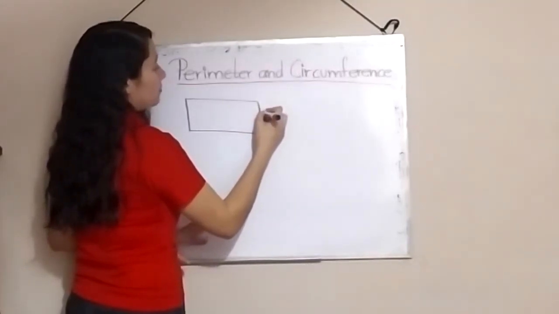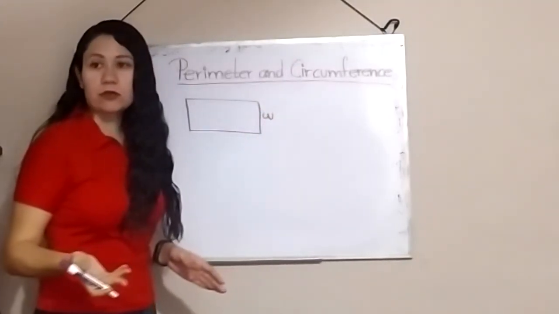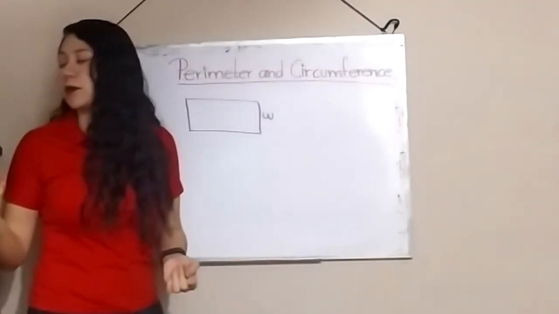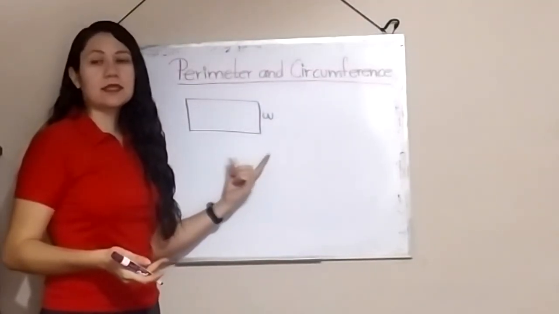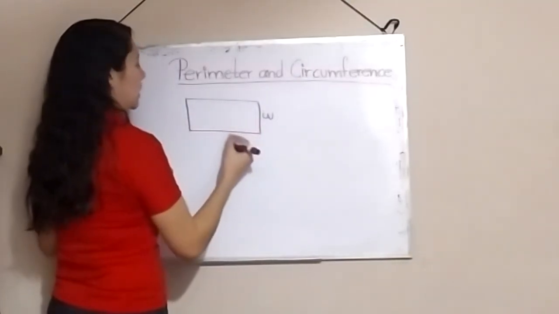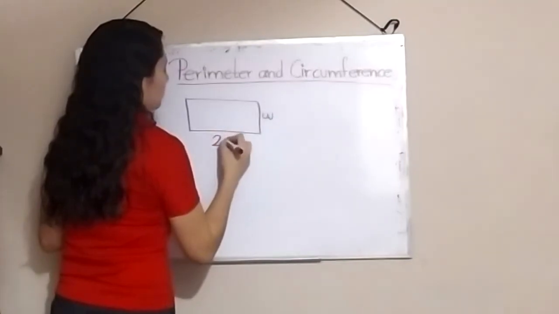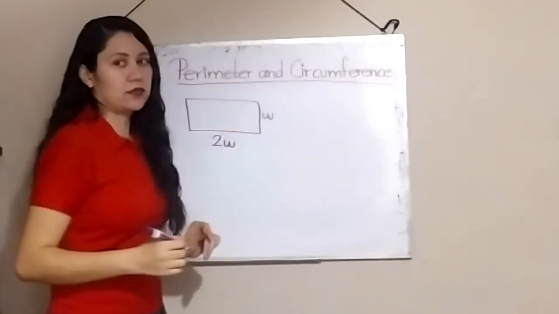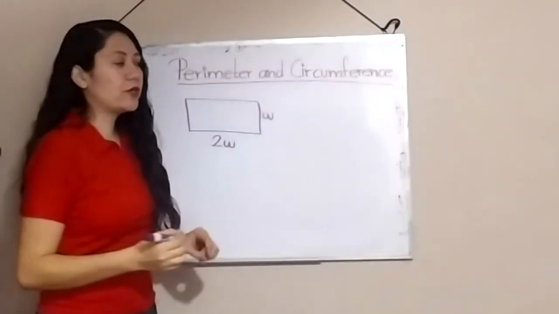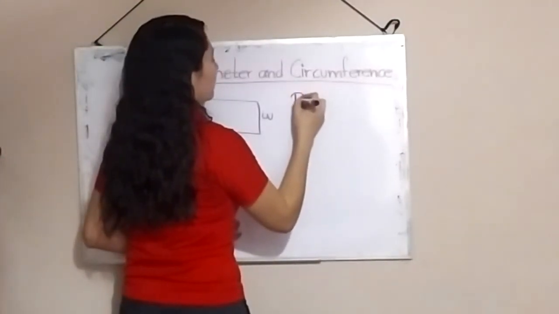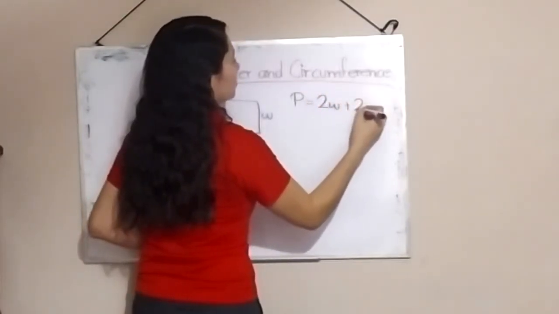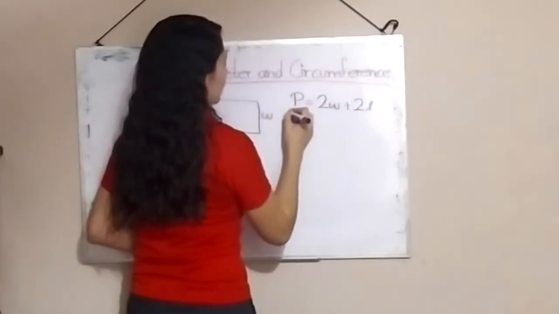So the width is going to be W. We don't know the measure, but we know that the length is 2 times the width. The formula for the perimeter of a rectangle is 2 times the width plus 2 times the length.